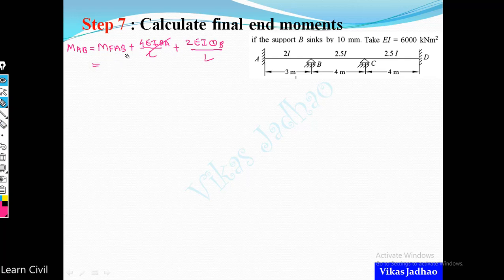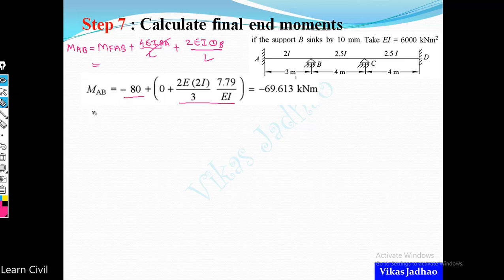Just substitute the values here, so this is MFAB plus twice EI theta B divided by L. So we get the value of MAB equal to minus 69.613 kilonewton meter.